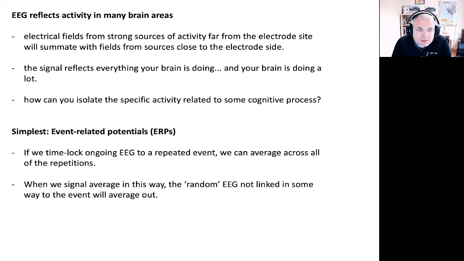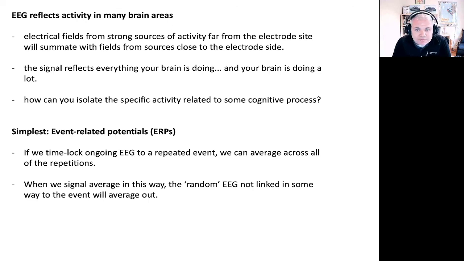And the simplest way to isolate brain activity associated to some specific cognitive process is known as computing event-related potentials. And the idea here is that if we time lock ongoing EEG to a repeated event, we can average across all of the repetitions.